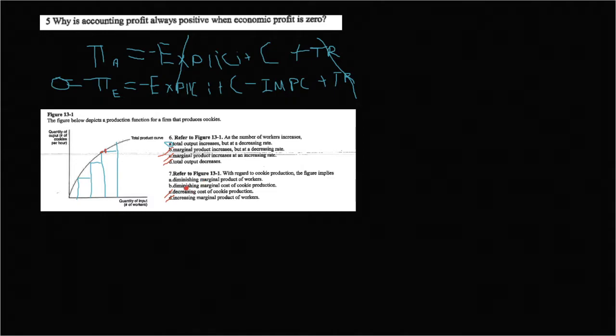But it is not the marginal cost of cookie production, because as the quantity of workers increases, the total product is increasing at a decreasing rate. And so the diminishing marginal product is referring to the number of workers, this independent variable.